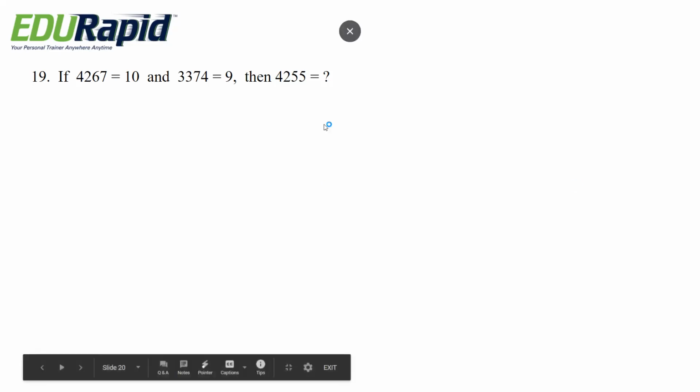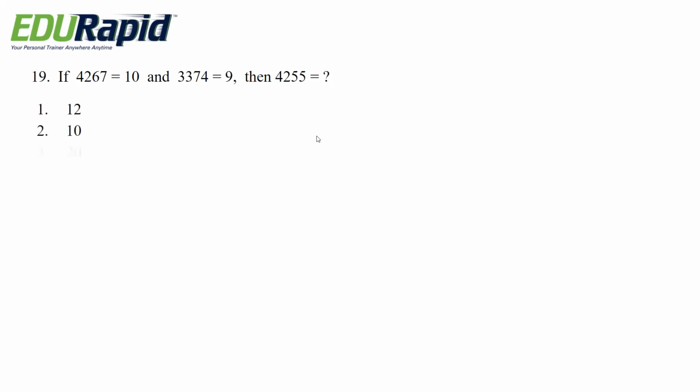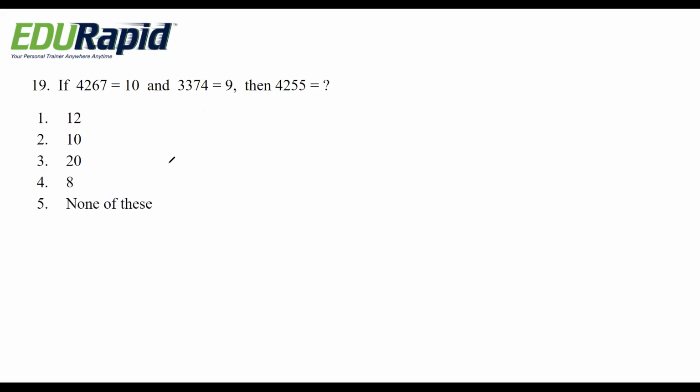Next question. If 4267 equals 10 and 3374 equals 9, then what is 4255? Options are 12, 10, 20, 8, none of this. Okay, here 4267 equals 10.